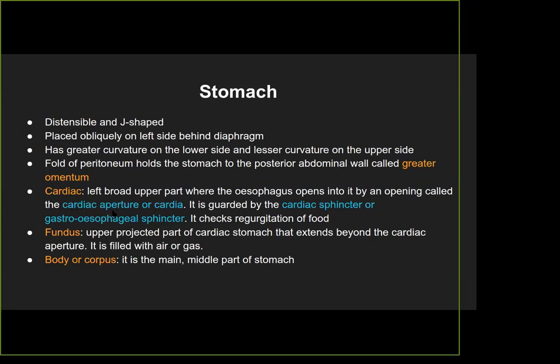This cardiac aperture is guarded by the cardiac sphincter, also called the gastroesophageal sphincter. Gastro refers to your stomach region, and esophageal sphincter. So the sphincter at the junction between stomach and esophagus is the gastroesophageal sphincter.